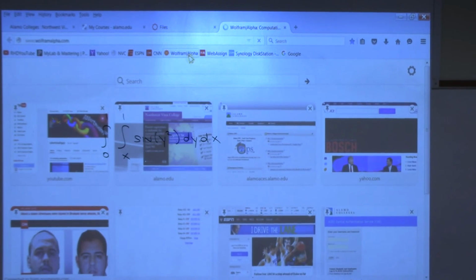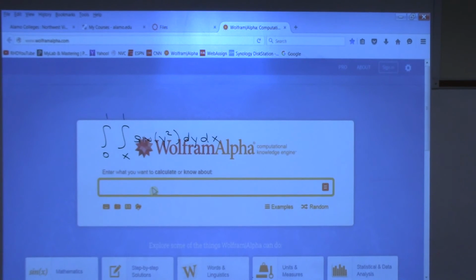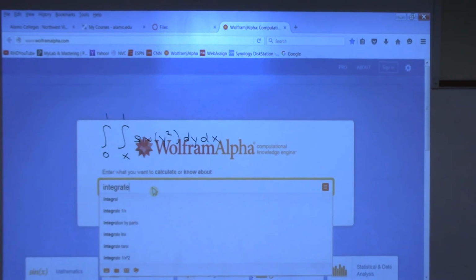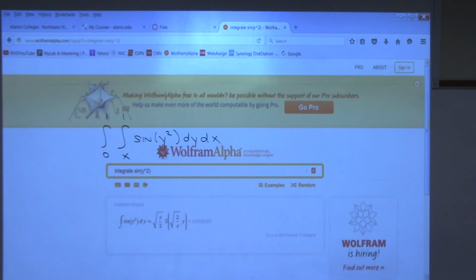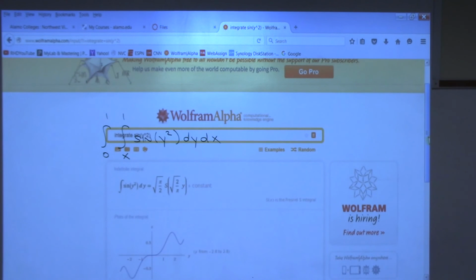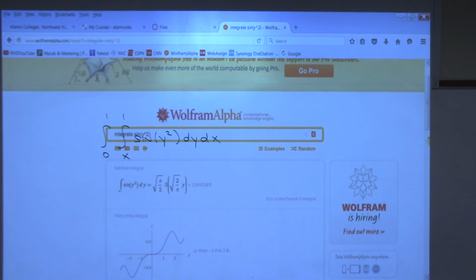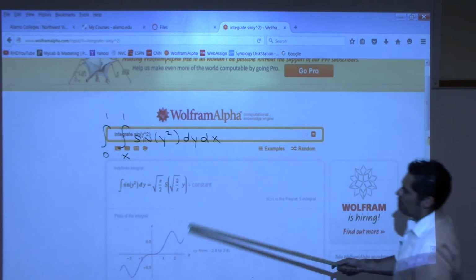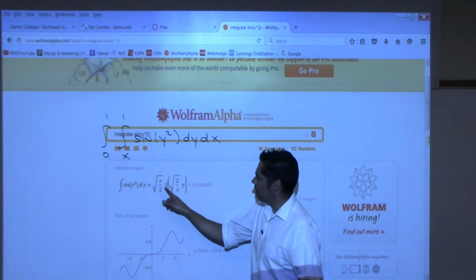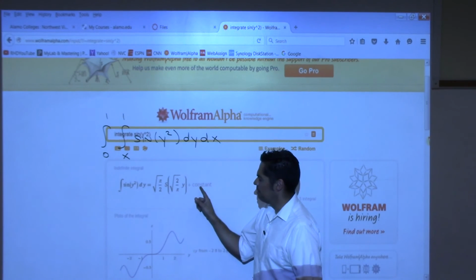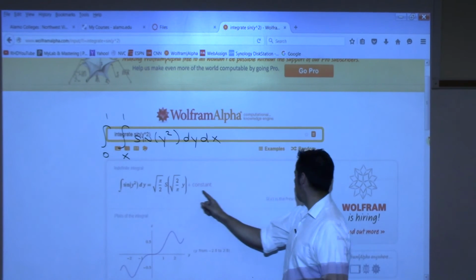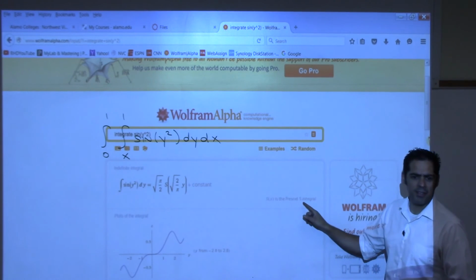So you go to Wolfram Alpha, and you type in integrate sine y squared. And it returns to you the square root of pi over 2 times capital S of square root of 2 over pi times y plus a constant, where capital S is, by the way, the Fresnel S integral.